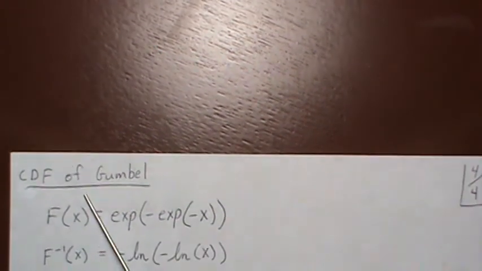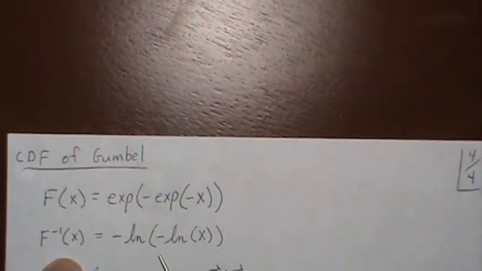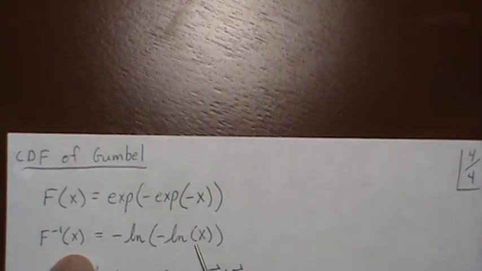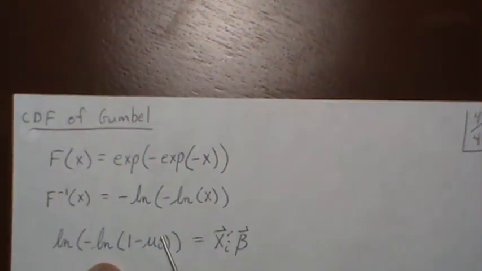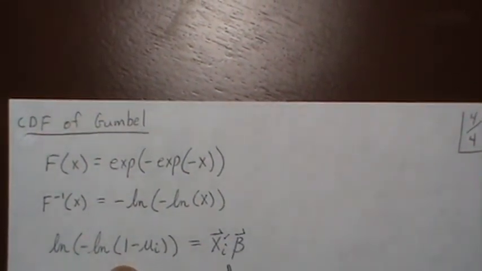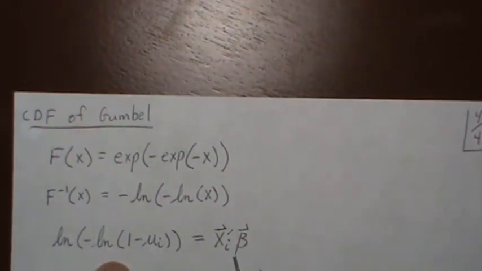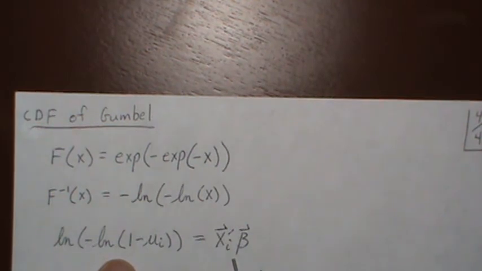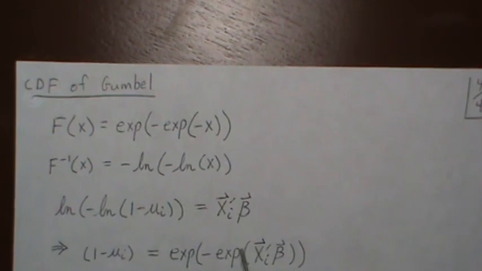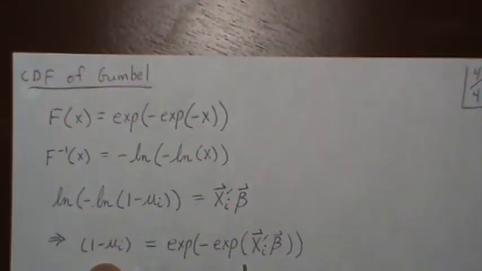So the CDF of a Gumbel is this, right? So then the inverse CDF is this. We did that on page 2, right? So this is it. And so if we model this, like every website, every book, every R thing always models it like this. This is the way they describe it. Okay, so now let's take the e to that, and then take the minus, and then take the e, and we're right here.